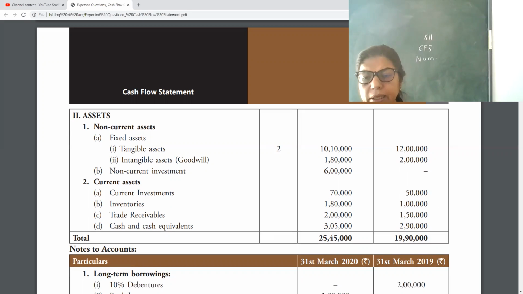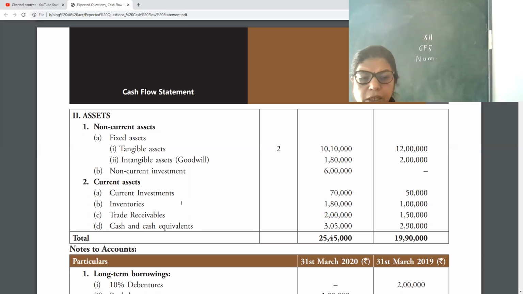So that should be adjusted in OPBWC, operating profit before working capital changes, as a minus. An increase in current asset should be subtracted. Then trade receivables. Trade receivables are also part of current assets. The previous year it was 1 lakh 50,000 and the current year it is 2 lakh. It means 50,000 rupees have increased in trade receivables.